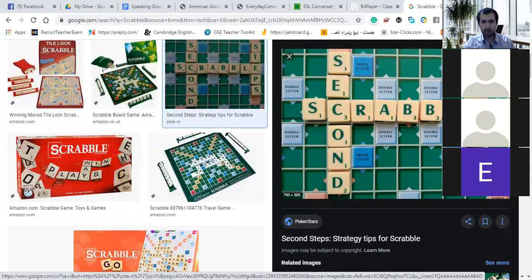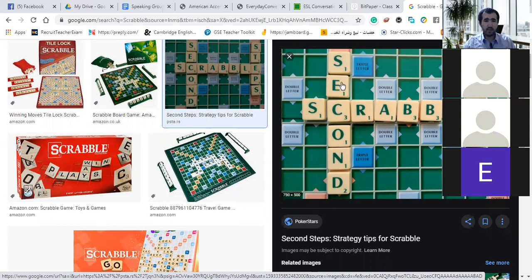So 1, 2, 3, 6, and 7. Let's say the word is 8, and then multiply it by 2. So it's going to be 16, for example.